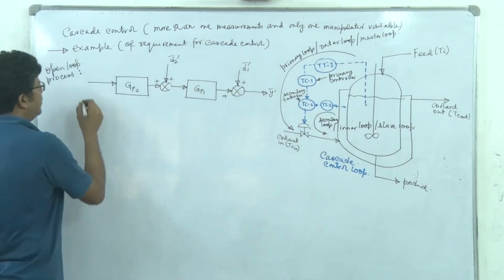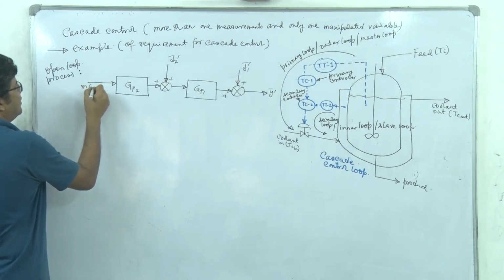That's the open loop, and this is the manipulated variable.